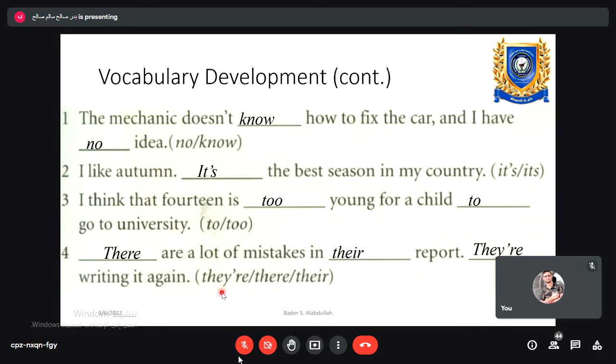Another example is write and right. One of them is the verb write, which means يكتب. The other, right, means صحيح, correct. And there is a third one which refers to the right direction.